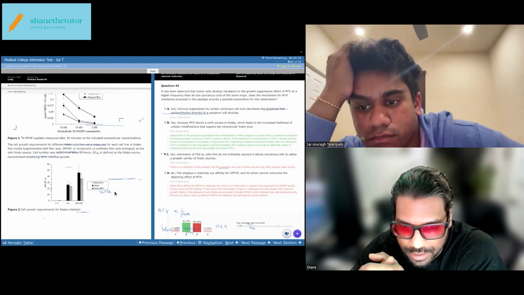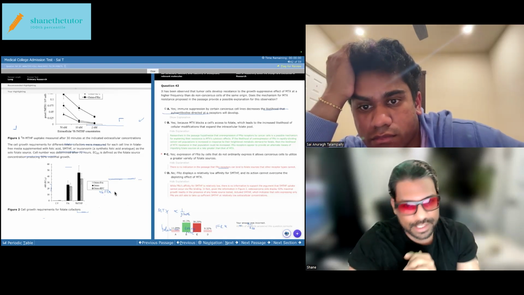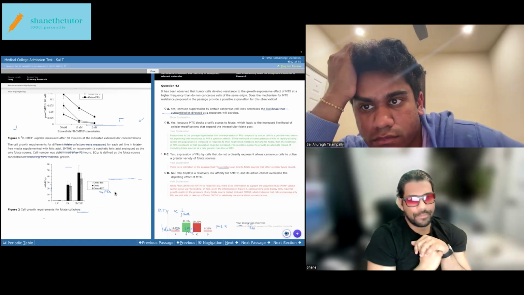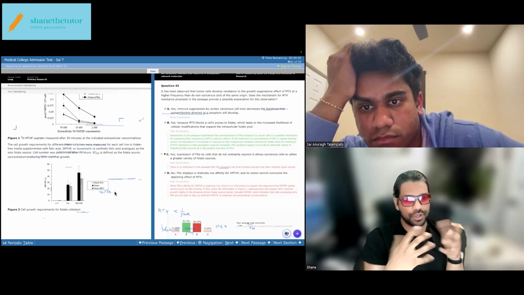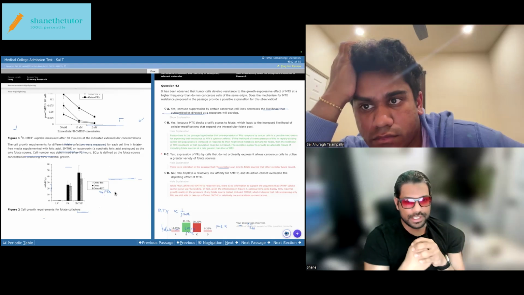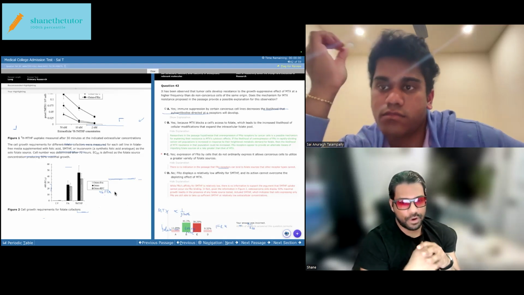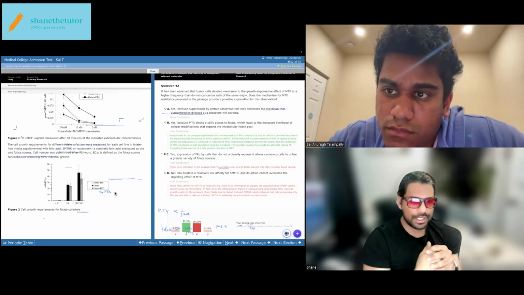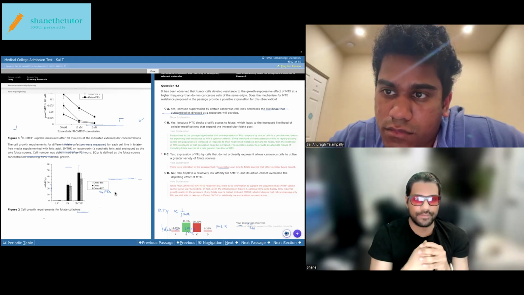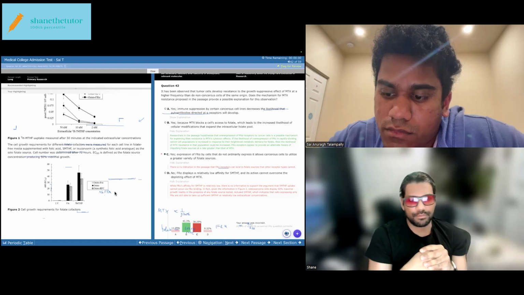So here it's saying that if the MTX blocks that access to folate, the cellular modification that happens after is to increase the amount of FR alpha folate receptors to cause an increase in the intracellular folate pool, like taking in the folate. So I think that's what B is saying.